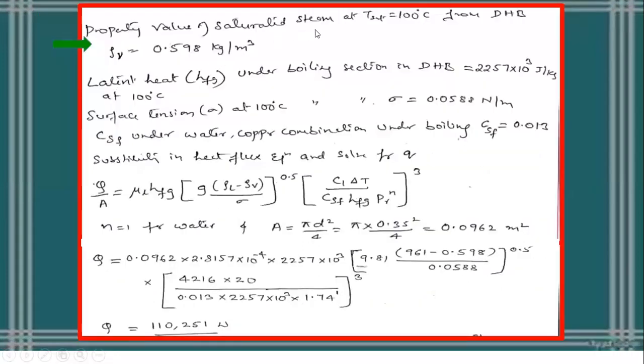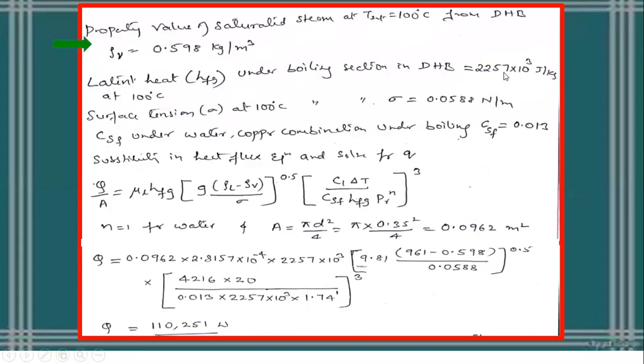Then go to the properties of the steam table. We saw here saturated steam at 100 degrees centigrade; get the value of rho_V. Then latent heat, again at 100 degrees centigrade. You can remember this value, as you will be using it many times: 2257 into 10 power 3 joules per kg.